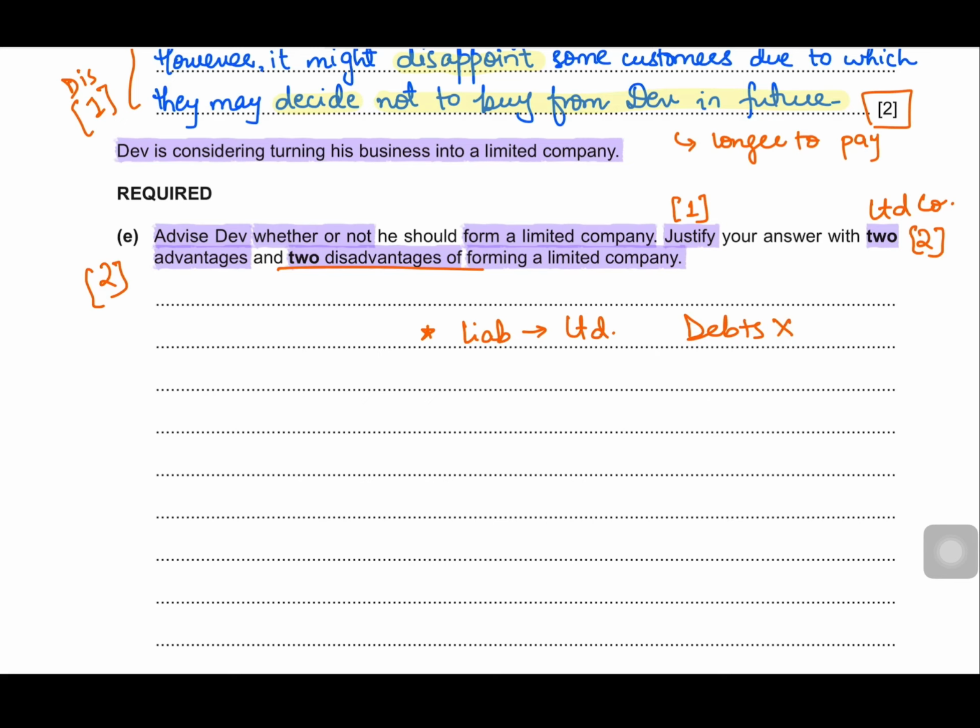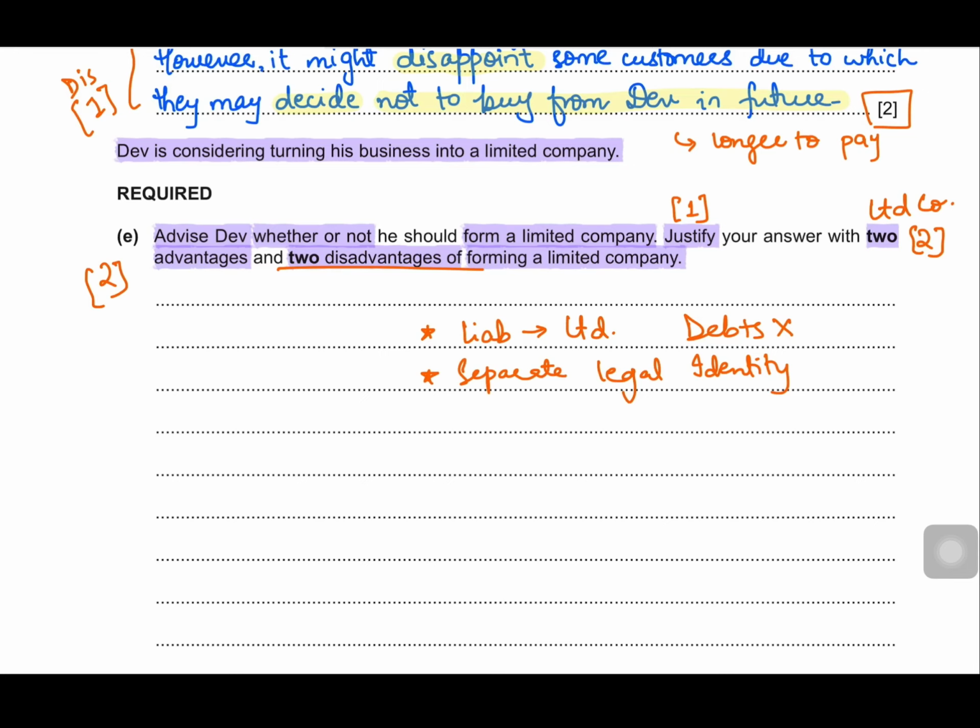Unlike a sole trader, if the sole trader business fails or if he wants to pay off his suppliers, his lenders, he might even have to put his own assets at stake to do that. Right. So, in a limited company, we know that there is a separate legal identity concept. The owner is separate from the company. So, because of that, you enjoy such benefits.